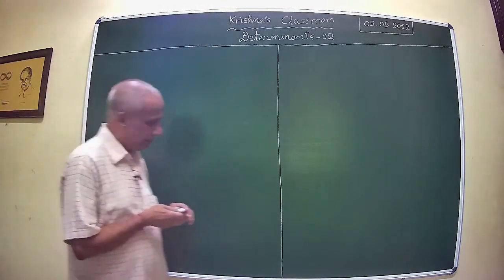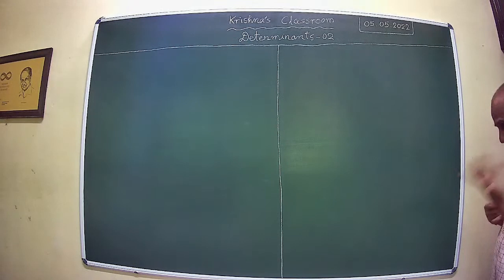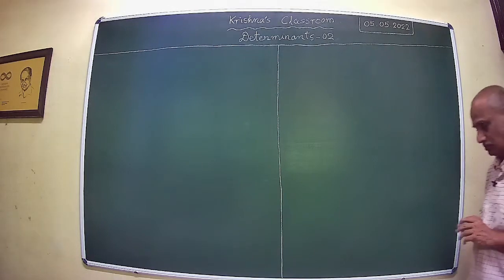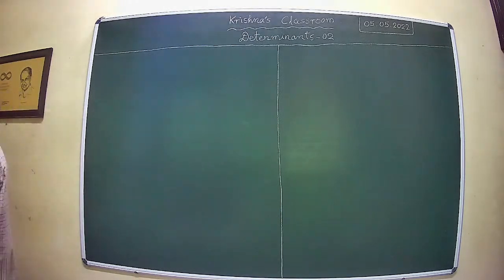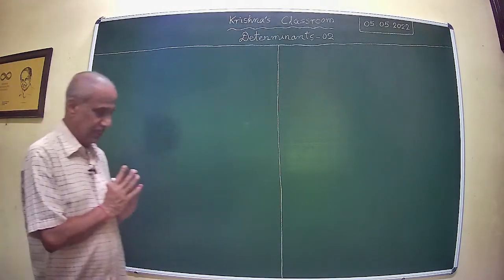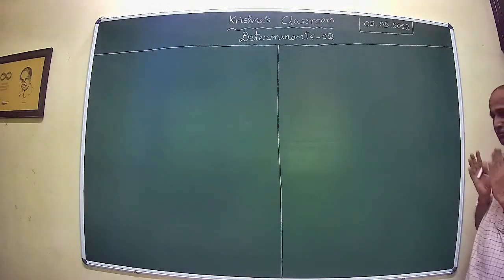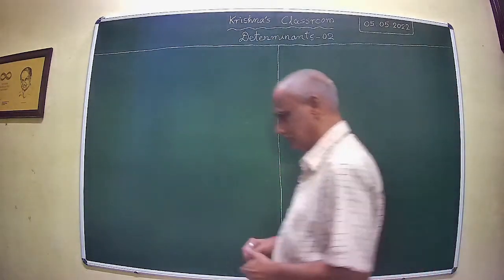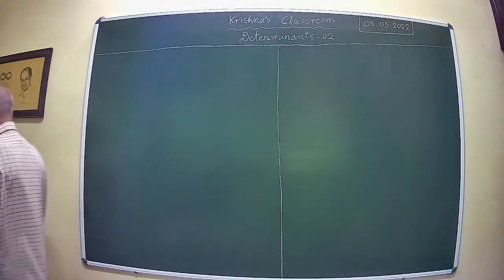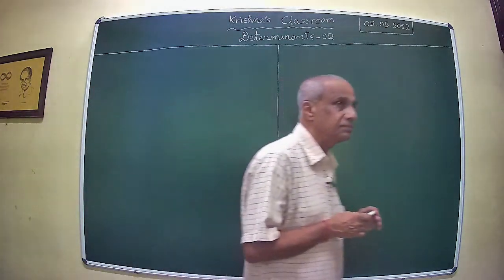In fact, I don't have to stress any more the utility of determinants in the context of solving equations. And it's a very handy notation, and it's also a certain map on certain spaces with remarkably beautiful properties. And this we have explored in the case of 2 by 2 determinants.